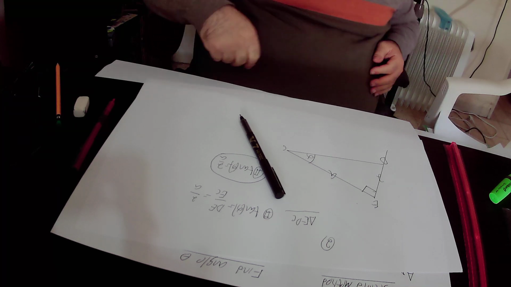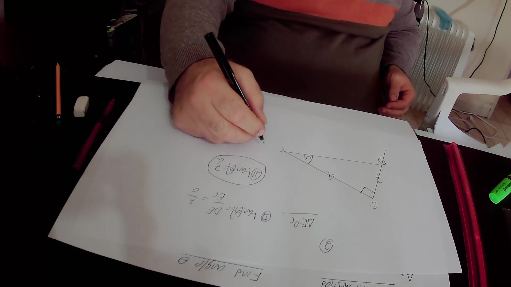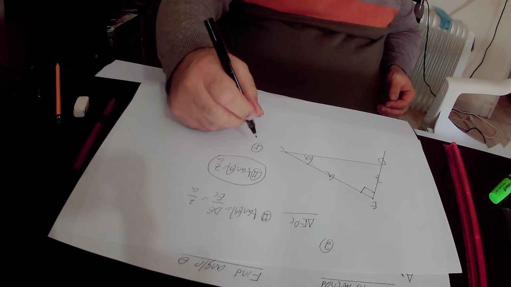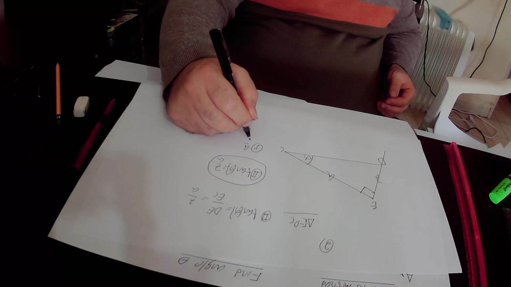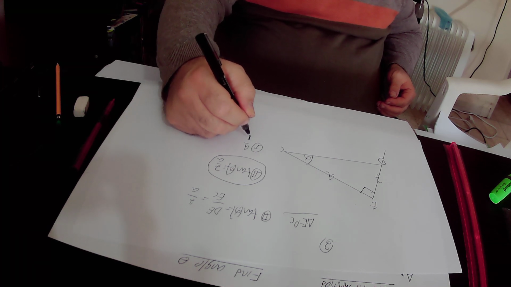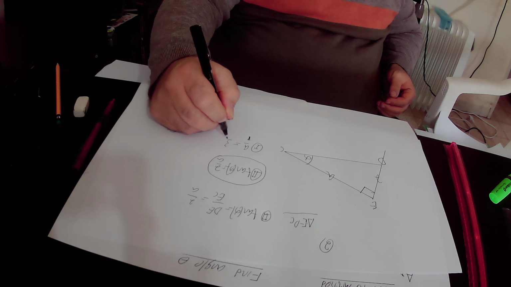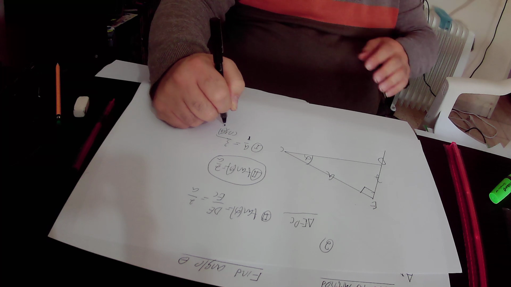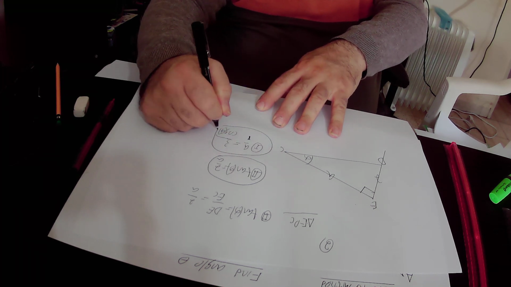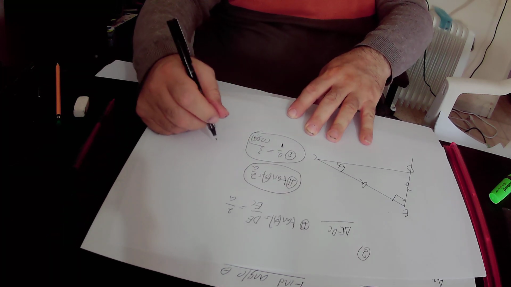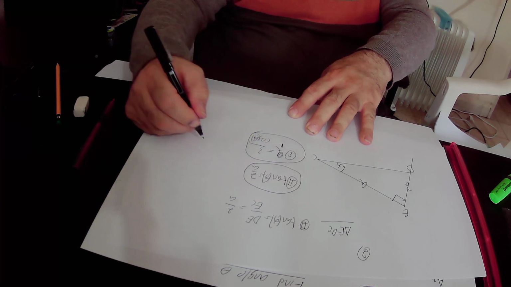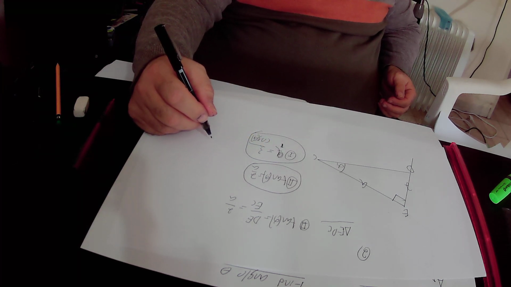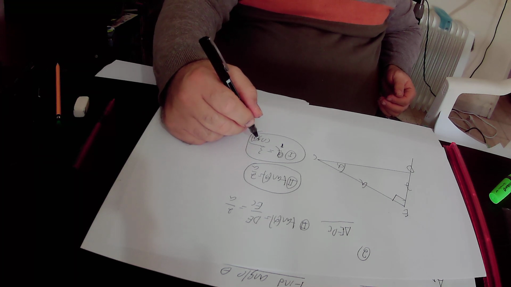But according to equation number 1, we have already found out that A equals 3 over cosine alpha. We will substitute A in equation number 2 by 3 over cosine alpha, because 3 over cosine alpha equals A according to equation number 1.